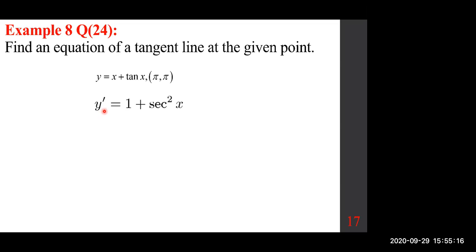So m is y prime of pi: 1 plus secant squared pi. And I hope you remember that secant is 1 over cosine, so 1 over cosine squared x. Now you replace it with pi. Cosine of pi is negative 1.